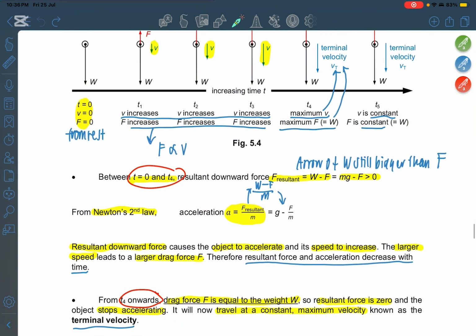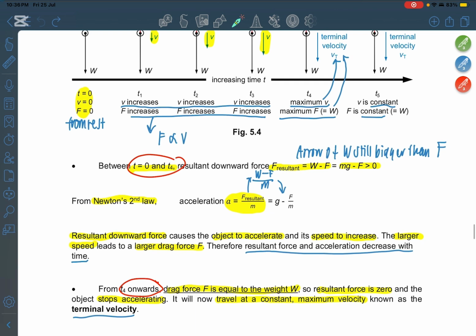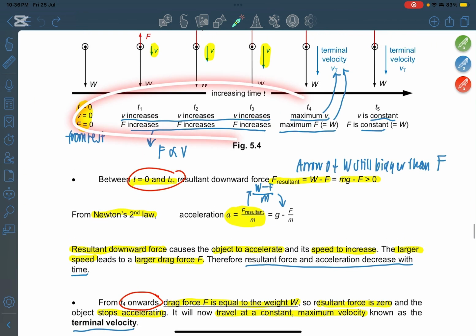Between here and here, the resultant downward force is equal to weight minus drag force, or mg minus drag force, which is larger than 0. From Newton's second law, we know that acceleration equals F net divided by m.